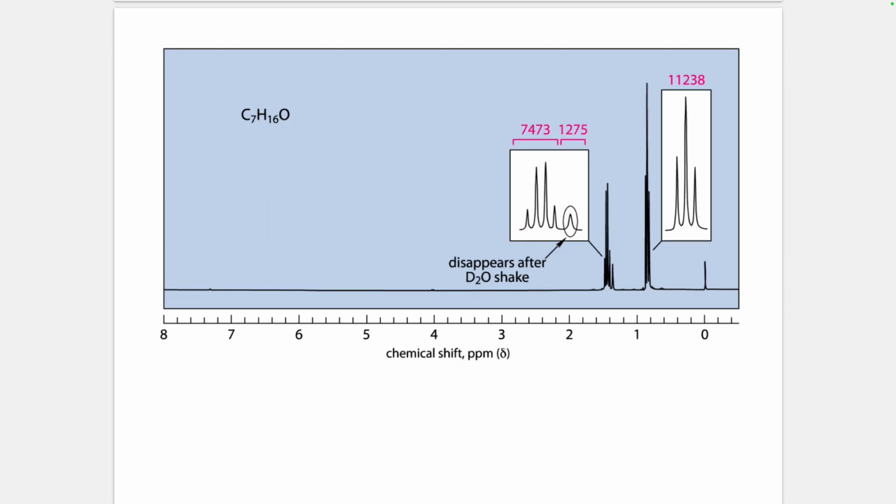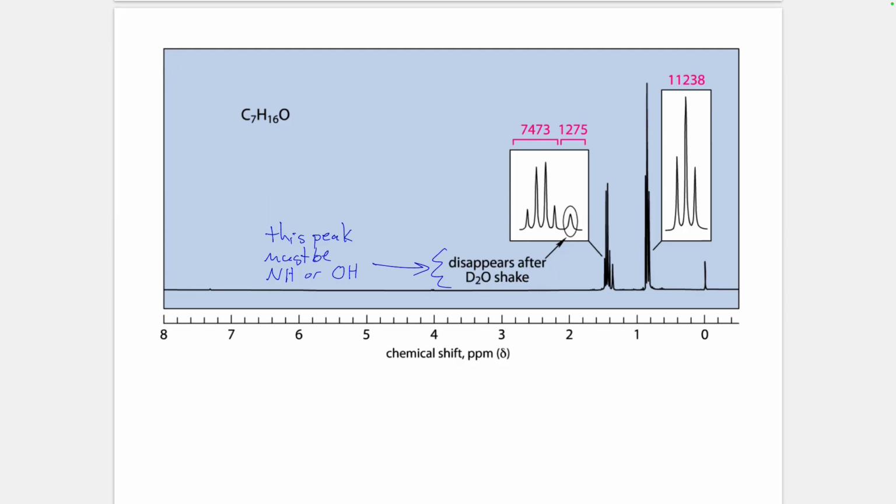But for right now, it's a hint that this peak must be NH or OH, because those are the kinds of protons that exhibit this sort of behavior. Like I said, I'll explain that later, but it's a hint. It's saying that this little peak right here is an OH or an NH.